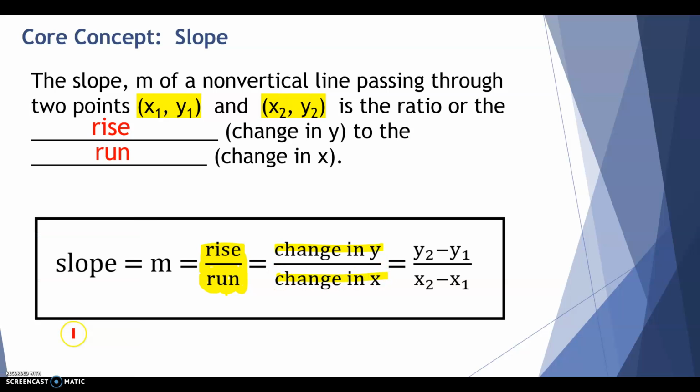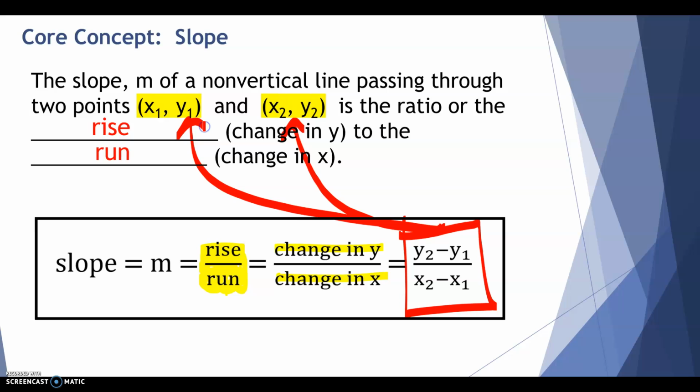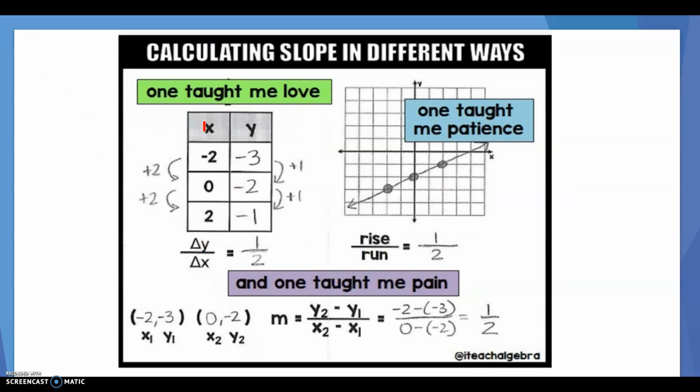And this was the formula, and it comes from that and that. That's the second part I'm going to show you, the more confusing part. This is just a nice little graphic organizer. There are actually 3 different ways to find slope, but I'm just going to refresh your memory on 2 of them.